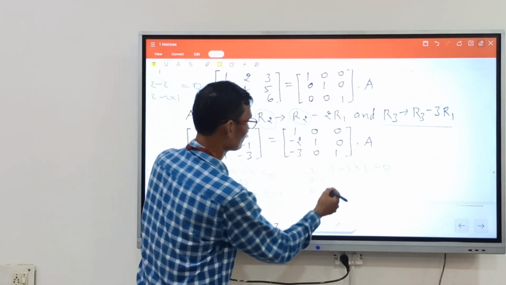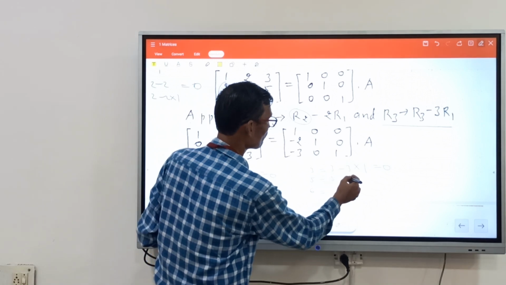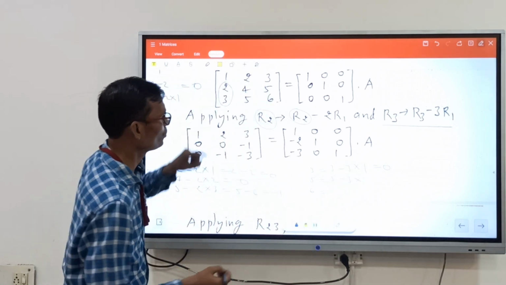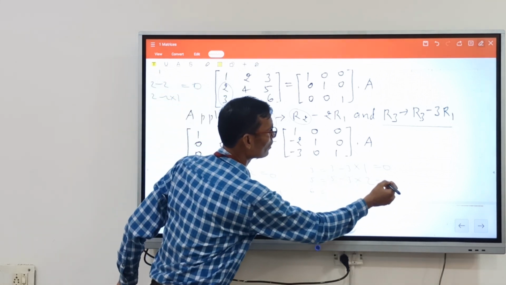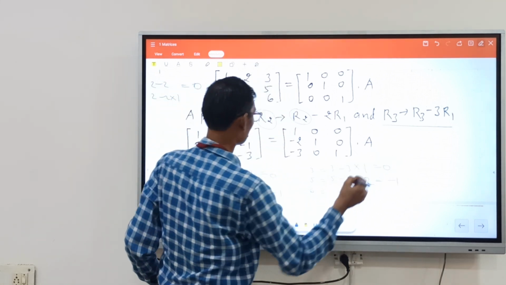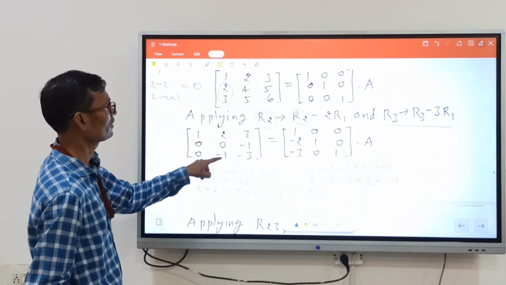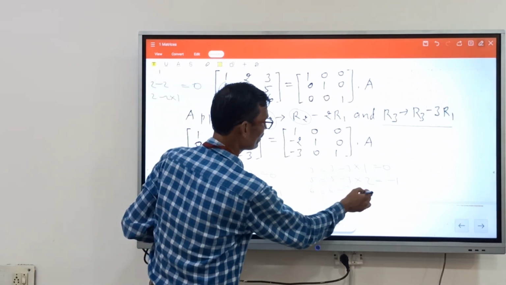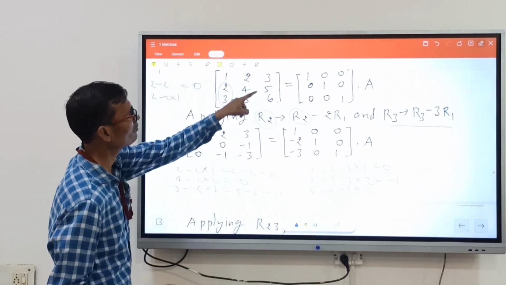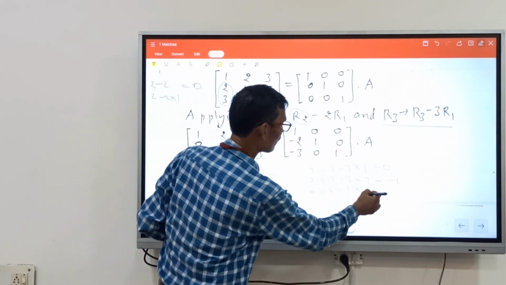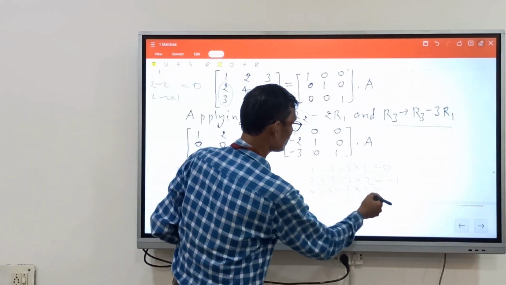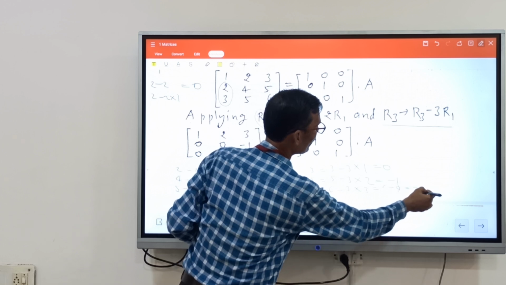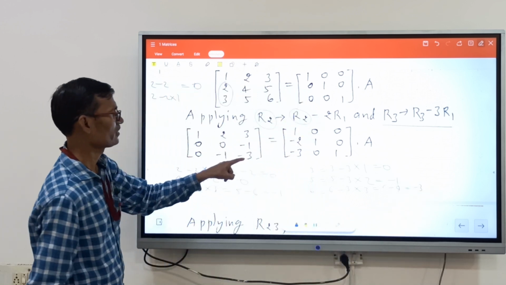Similarly 5: 5 minus 3 into R1, R1 means 2. This is minus 1. Similarly 6 minus 3R1, R1 means 3, that is 6 minus 9, that is minus 3.